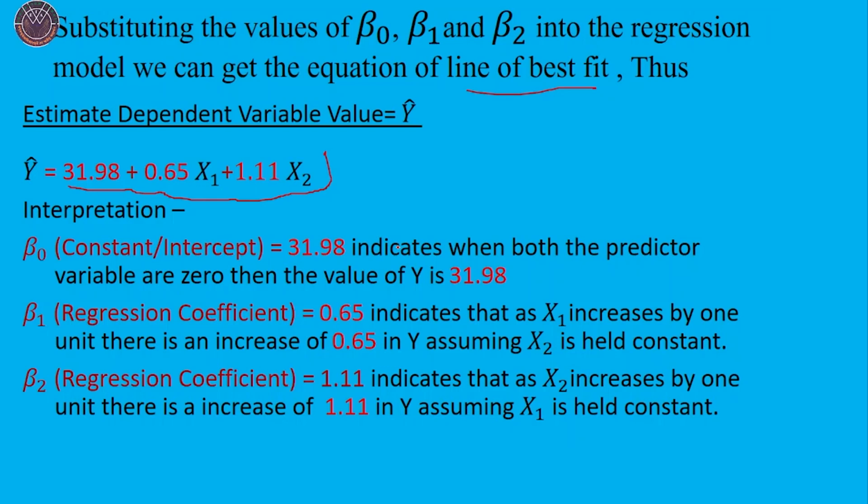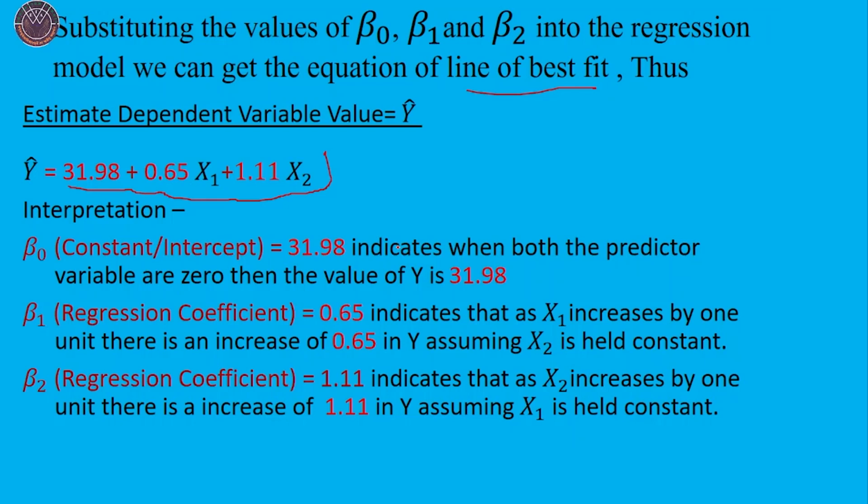Practically it is not possible that your revision time is not there, but we can say that beta 0 is 31.98, which indicates that when both the predictor variables are 0, the estimated value of y is 31.98.